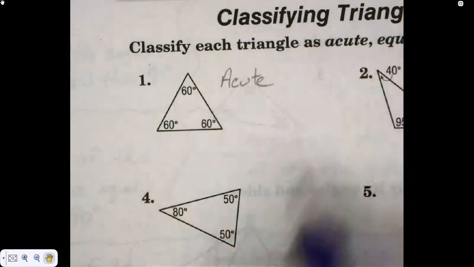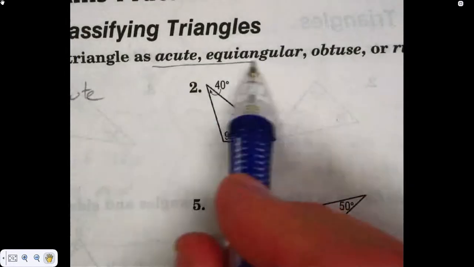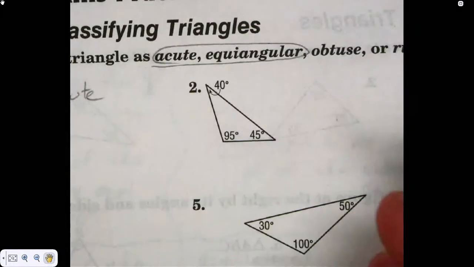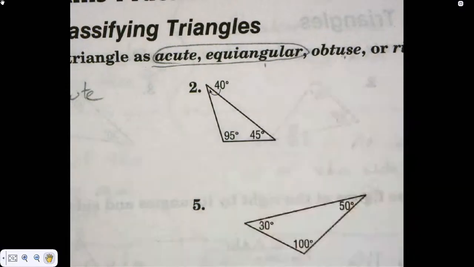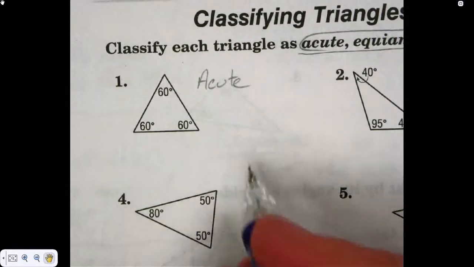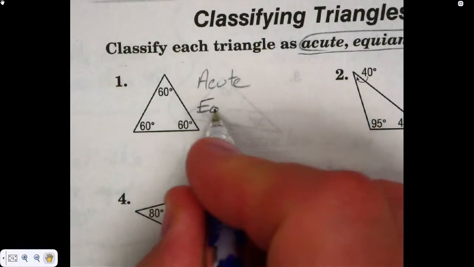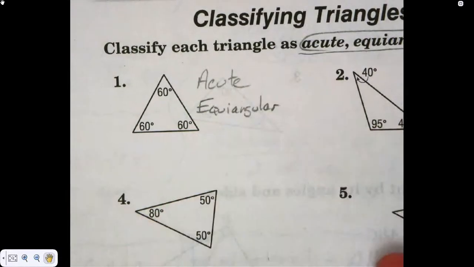However, if you look in your directions, they want you to tell whether it's acute, equiangular, obtuse, or right. Equiangular and acute can be the same, they can be both of these, right? It can never be equiangular right or equiangular obtuse, but it can be equiangular acute. Is this one equiangular as well? So that's an acute equiangular.